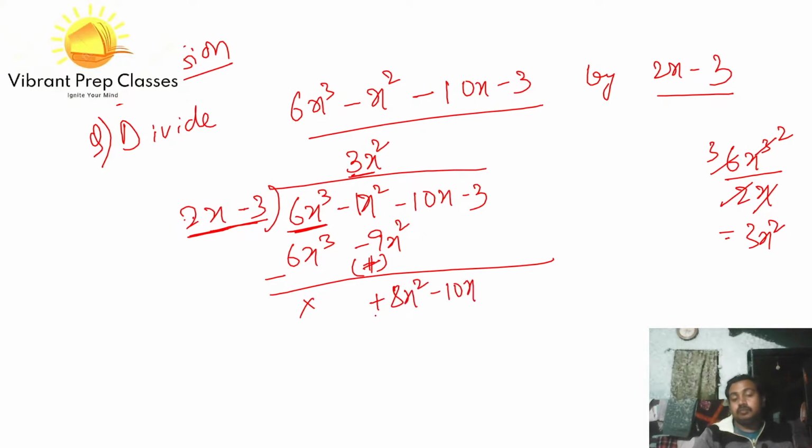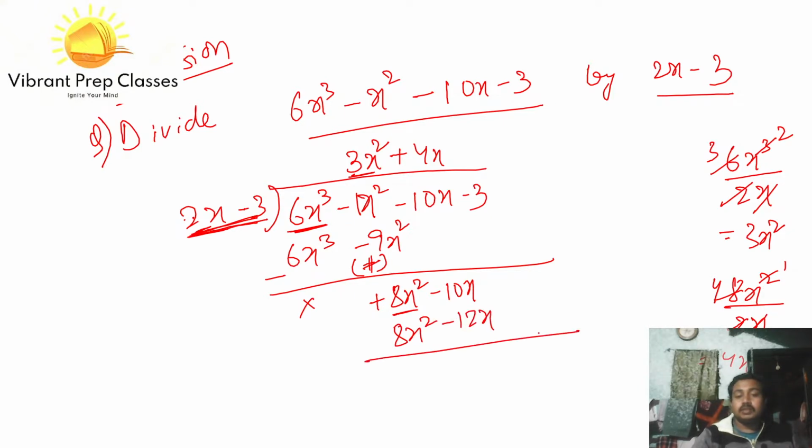Minus 10x. Now again the first term we try to divide with the first term, that is 8x² divided by 2x. So 2 fours are 8, and x and x cancel, so that is 4x, and that's plus also. So 4x we have to multiply with 2x minus 3. So 4x into 2x is 8x², and 4x into minus 3 is minus 12x, so that is subtraction and plus.